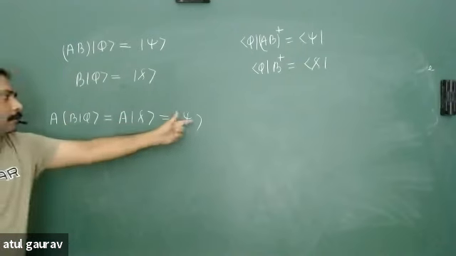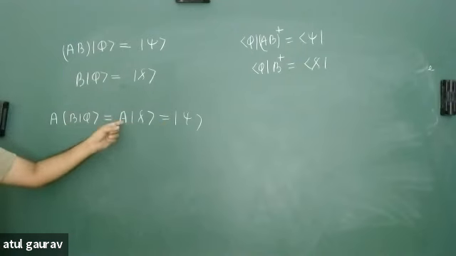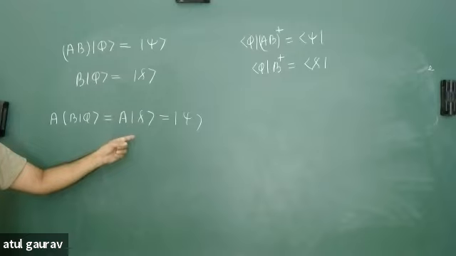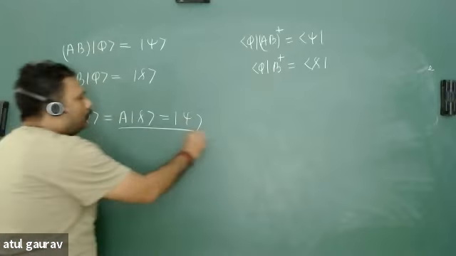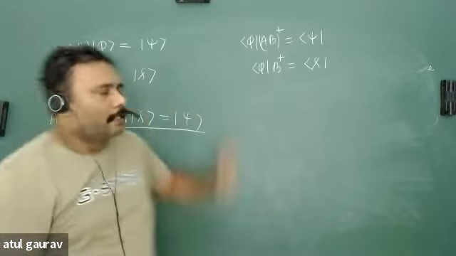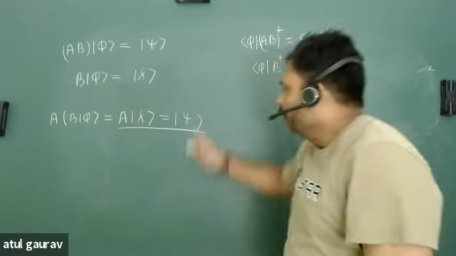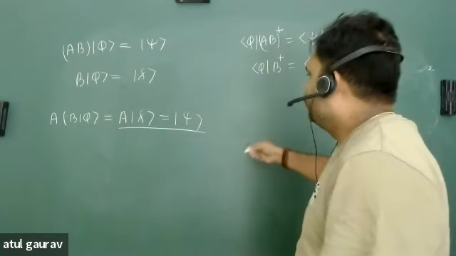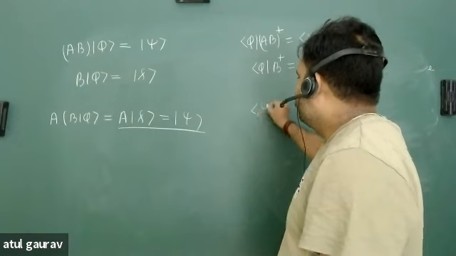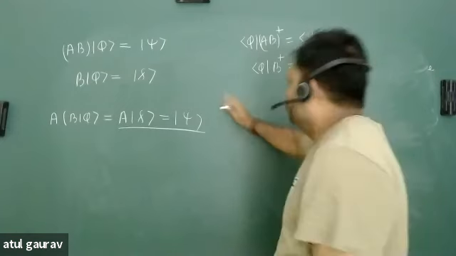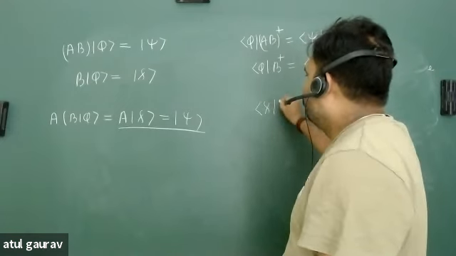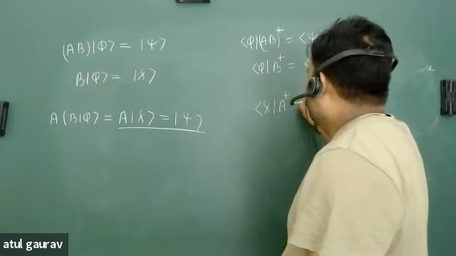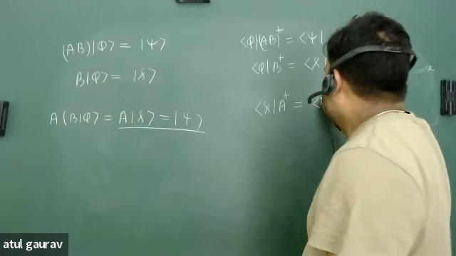So AB phi must be equal to psi, and this is the buffer. If you look at this particular buffer, how can you write it on this side? If this holds, I can write chi bra A dagger must be equal to psi bra.